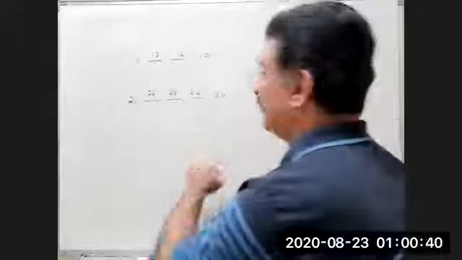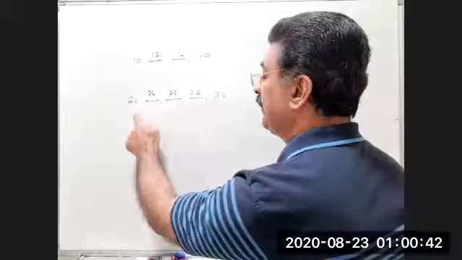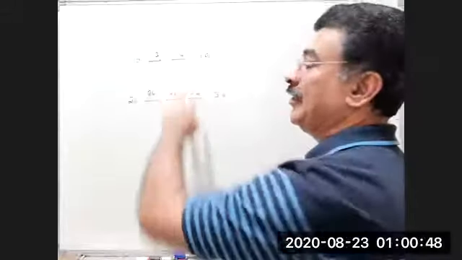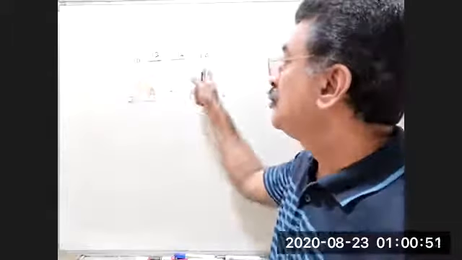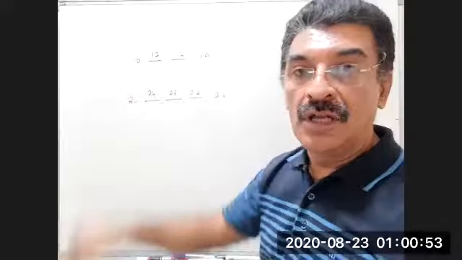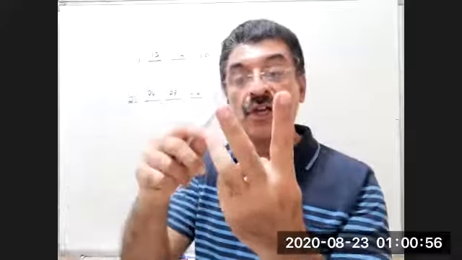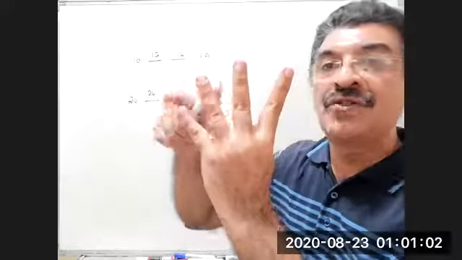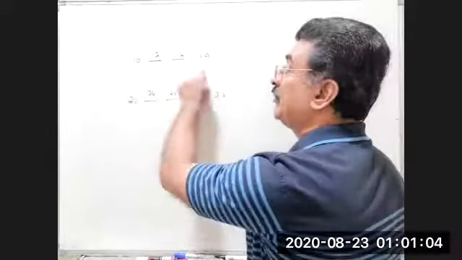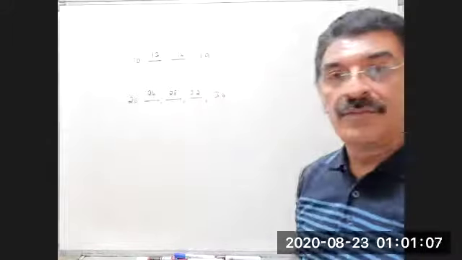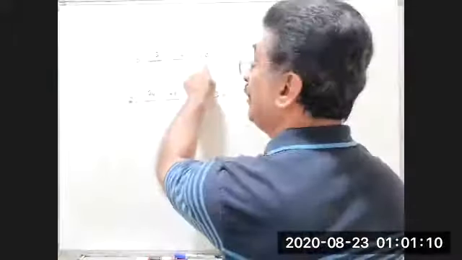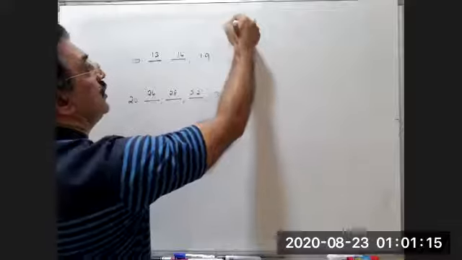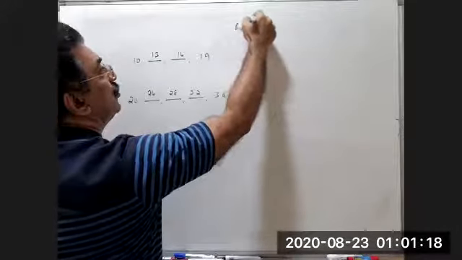See here, if we insert two numbers in between two numbers, what is the total number of terms in all? In total, 1, 2, 3, 4 numbers are there. So the number of terms is 4. If the number of terms is 4, the fourth term is a plus 3d, and we know that the fourth term is 19.